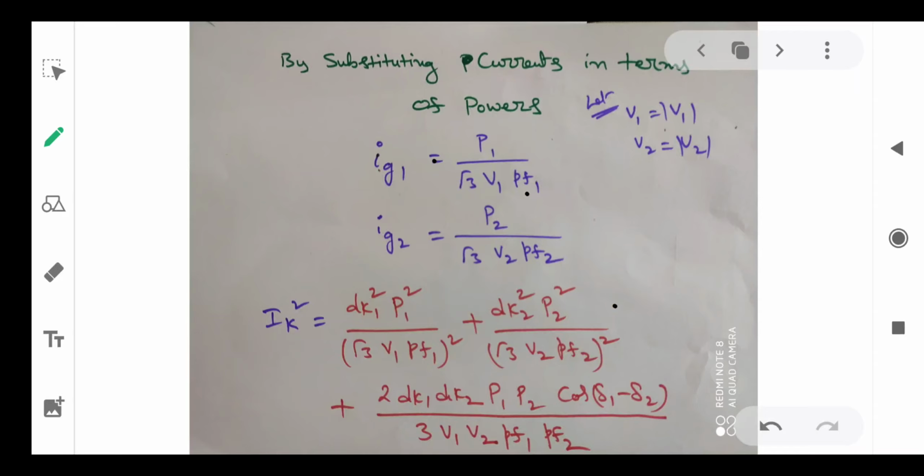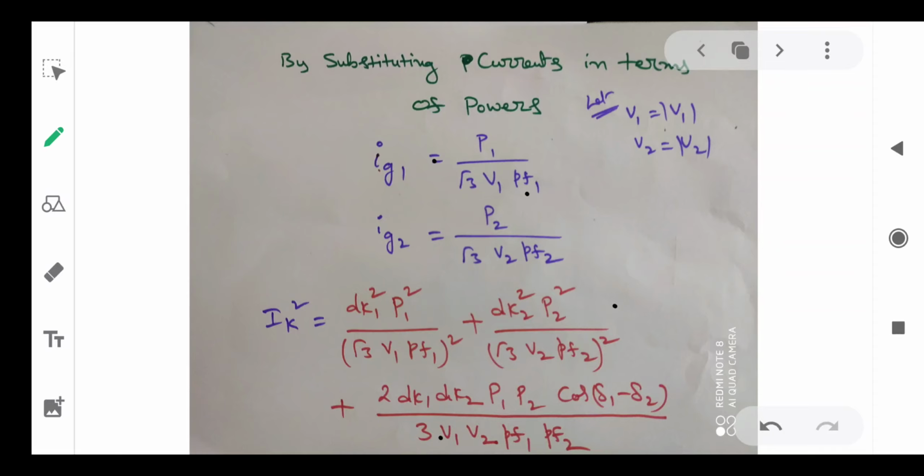Similarly, Ig2. Now Ig1 and Ig2 both are expressed, and hence Ik square is equal to dk1 square P1 square divided by (root 3 V1 PF1) whole square, plus dk2 square P2 square divided by (root 3 V2 PF2) whole square in the denominator, plus 2 dk1 dk2 P1 P2 cos(delta 1 minus delta 2) divided by 3 V1 V2 PF1 PF2.